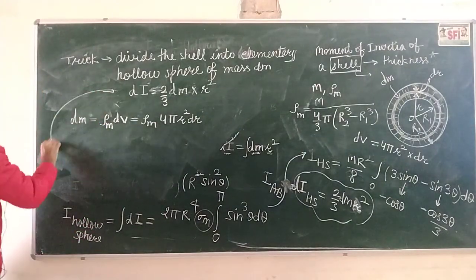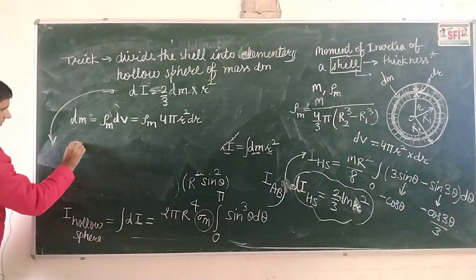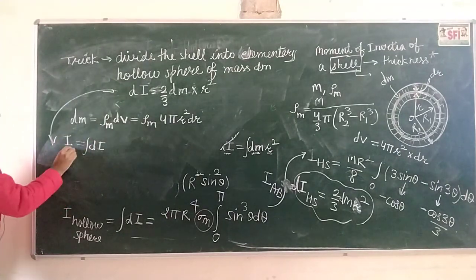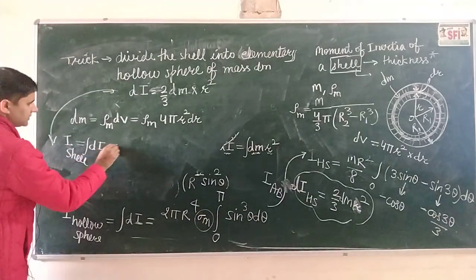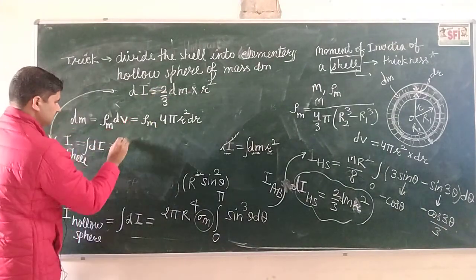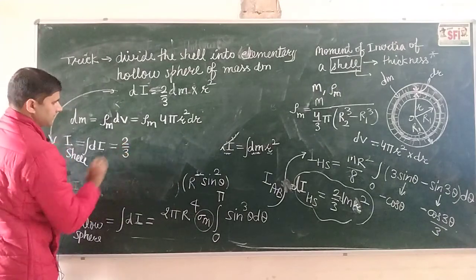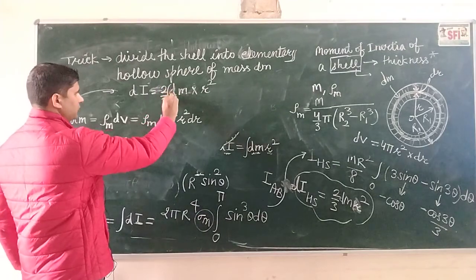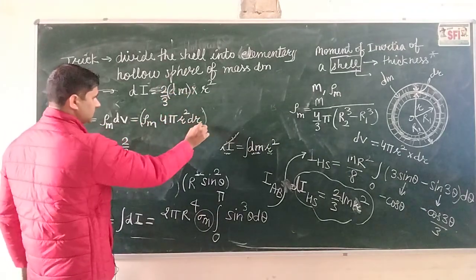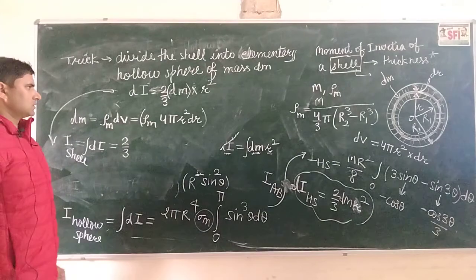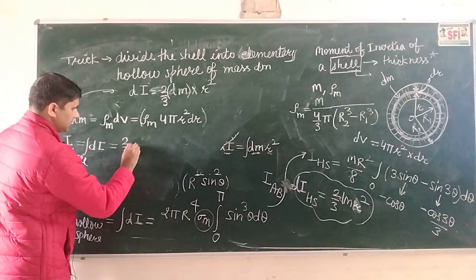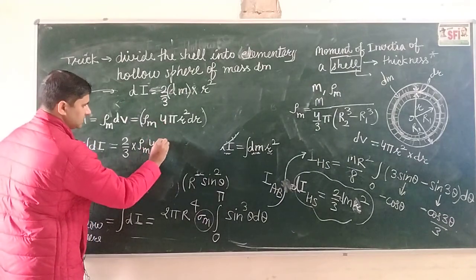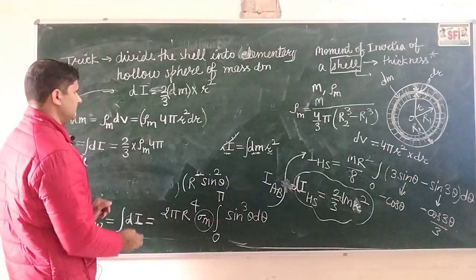So now you are to substitute the value, and then you will integrate dI to get the moment of inertia of the shell. From here you see you have 2 by 3. You can take it out of the integration. Then you will put the value of dm, and you can take the mass density into 4 pi, which are constants, out of the integration.